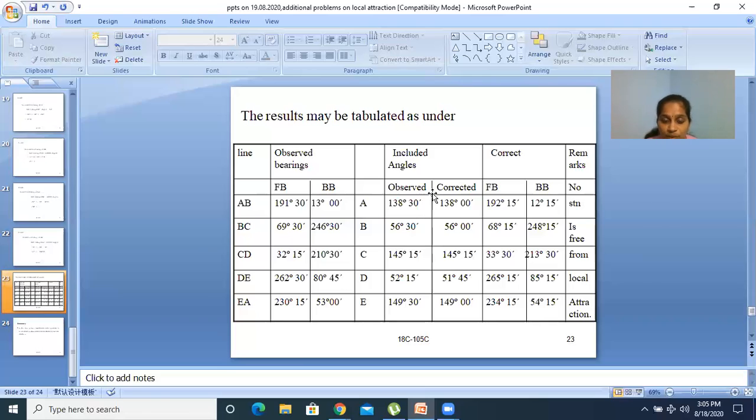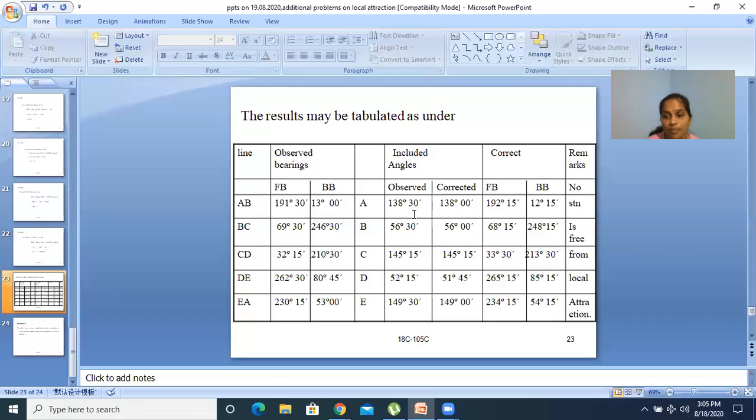Okay, and then from this there is 2 degrees 30 minutes as the magnitude of error, and we have to distribute this 2 degrees 30 minutes to all 5 stations. So magnitude of error divided by number of stations. Here 5 stations. Then that is 2 degrees 30 minutes divided by 5.